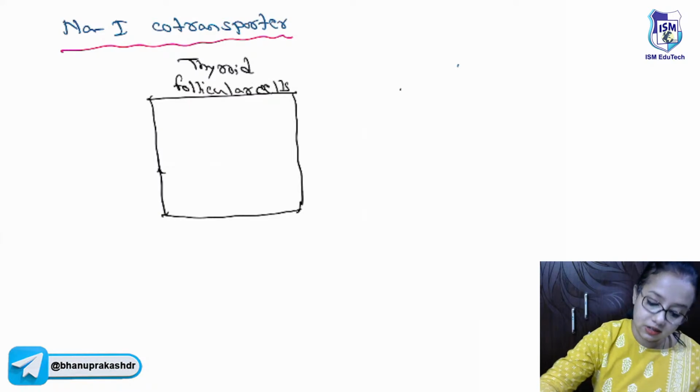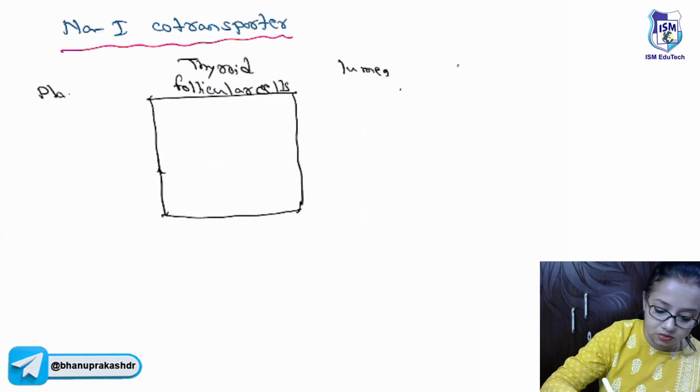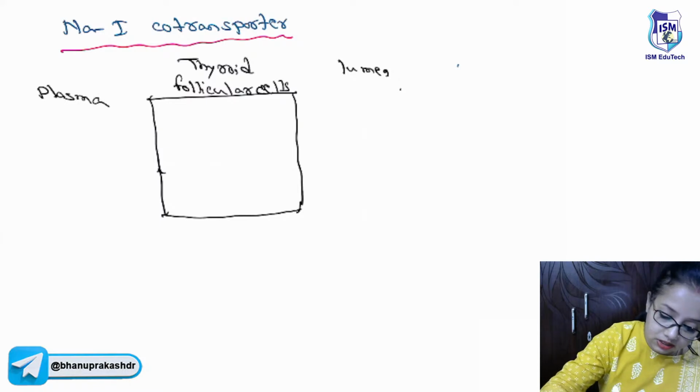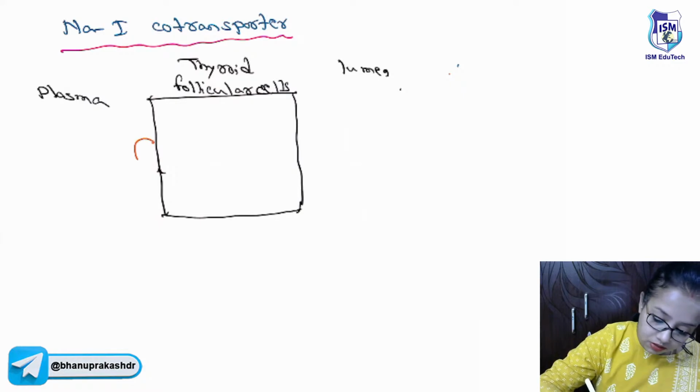Okay, and this is the lumen and this is the blood or the plasma. So here we have this symporter, which is the sodium and iodide symporter.